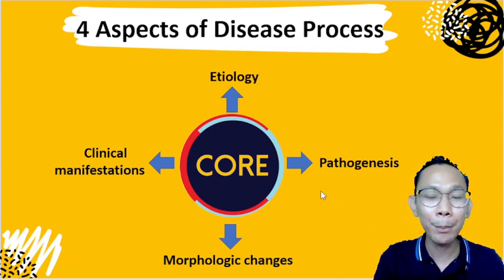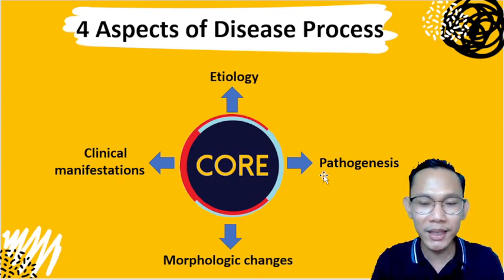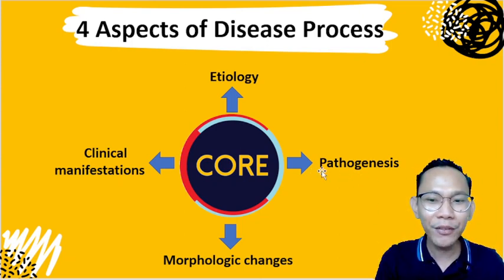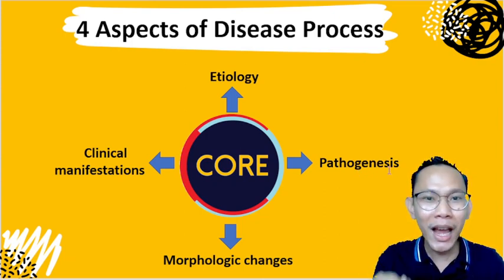Pag sinabi nating pathogenesis, you are referring to the development of the disease. You are talking about the sequence of the disease. From the name itself, patho. Remember, patho is suffering. Patho is disease. Genesis. What is Genesis? Diba in the Bible, in the beginning, simula, origin.